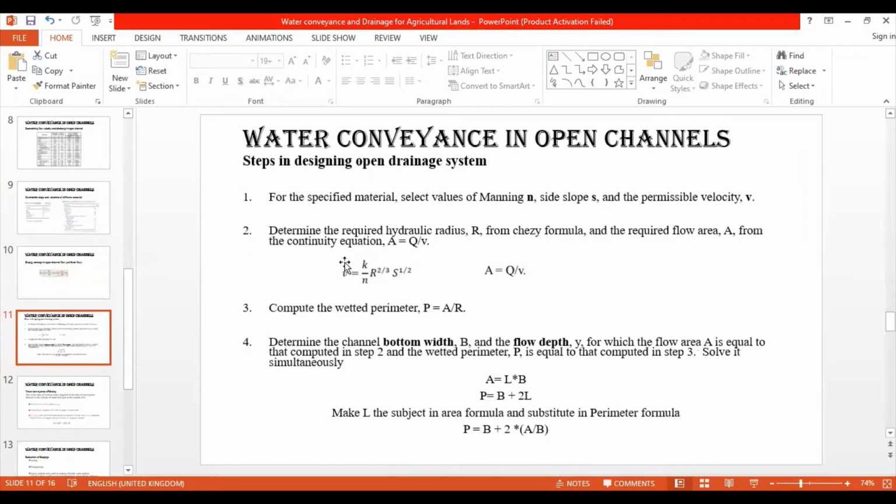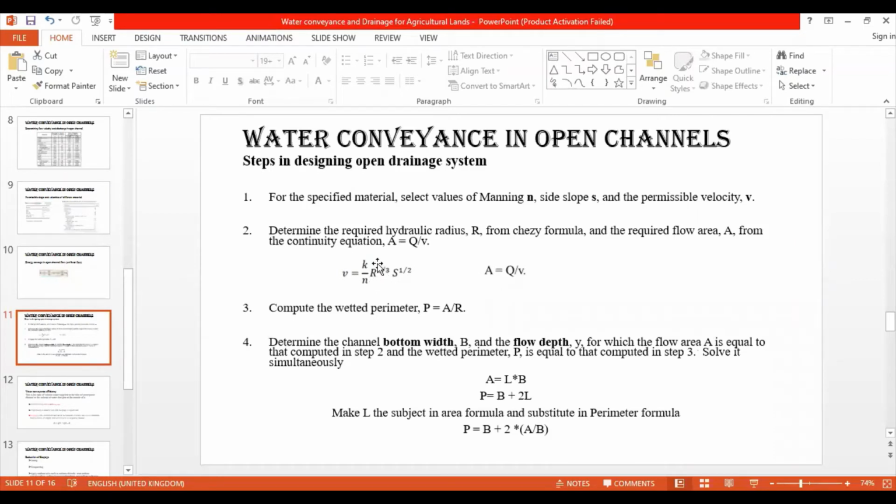So using this formula, you have your velocity, the permissible velocity, your N, which you get from tables, as well as your K, as well as the permissible slope. The only thing you'll be missing now is this R, which you can solve by making it the subject of the formula.